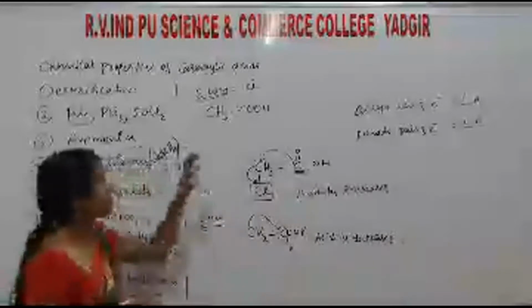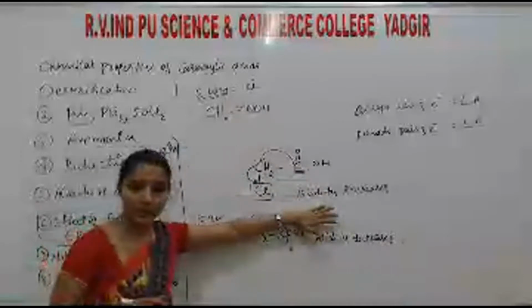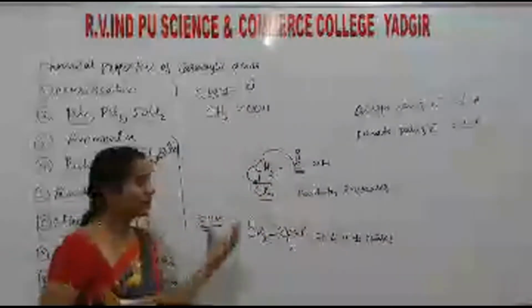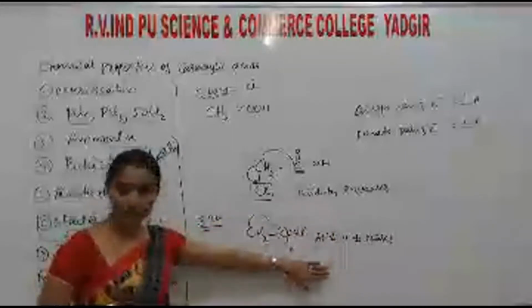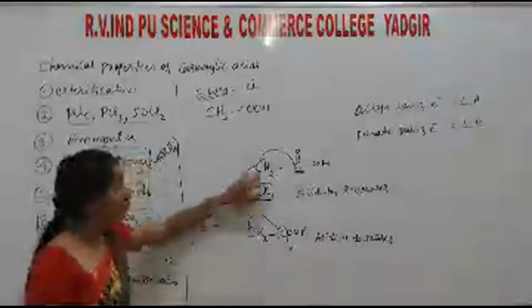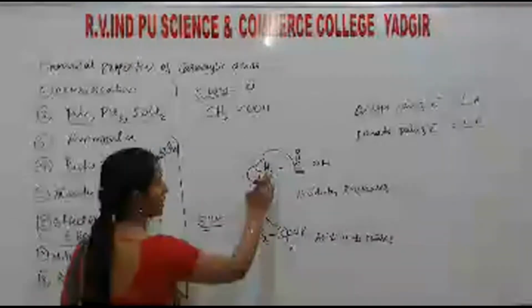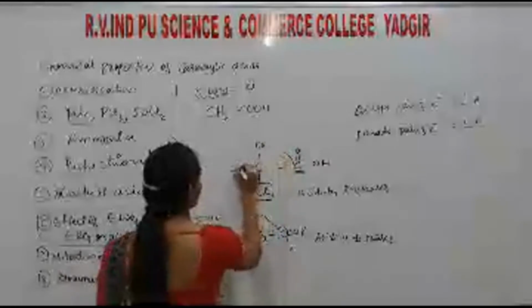So students, if the electron withdrawing group is there, then the acidic character increases. If the electron releasing group is there, then the acidic character decreases. Here it increases, here it decreases. Understood? If two or more electron withdrawing groups are there, like this, in this, two Cl atoms are there.